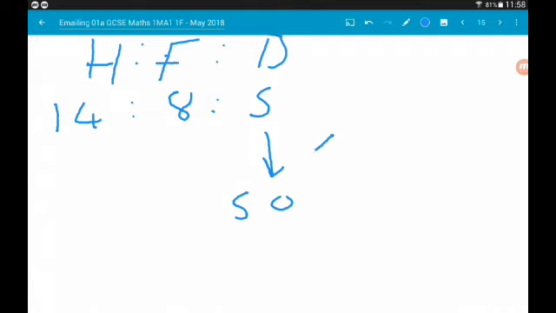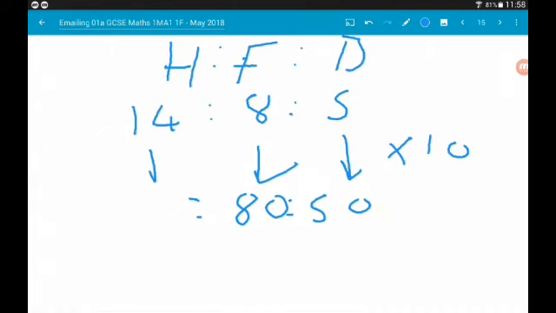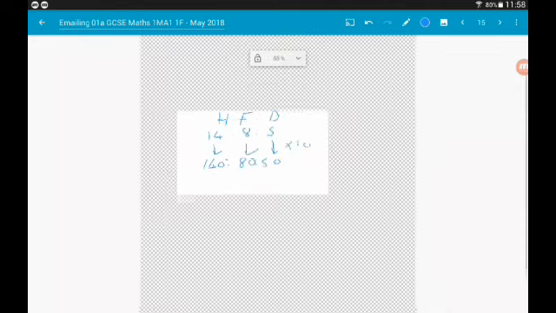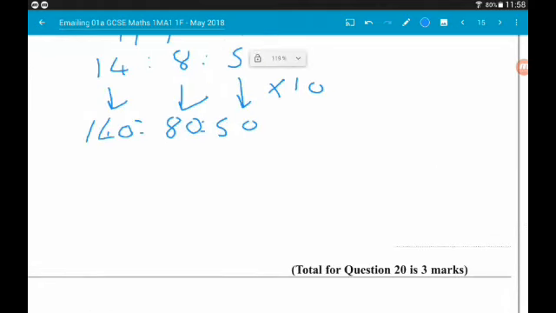We multiply by 10. So, we multiply both of the other parts of the ratio by 10. So, we can actually say there are 80 flats. More importantly though, there are 140 houses. So 140 is our answer. Cool.